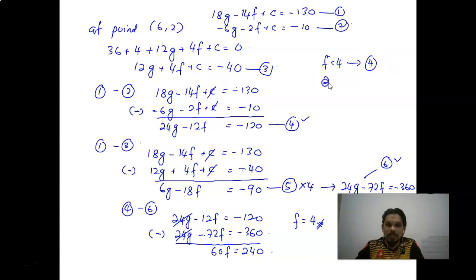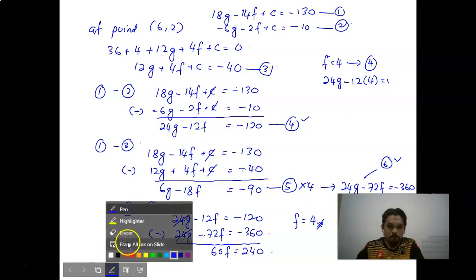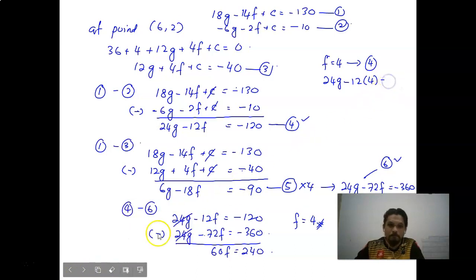Which means that 24g minus 12f equal to negative 120.